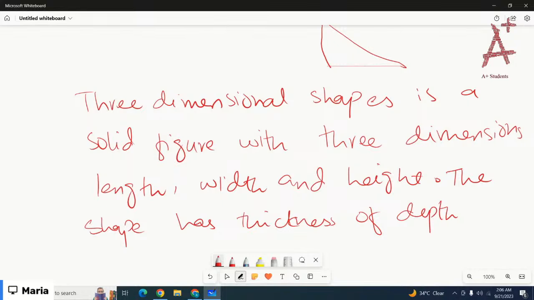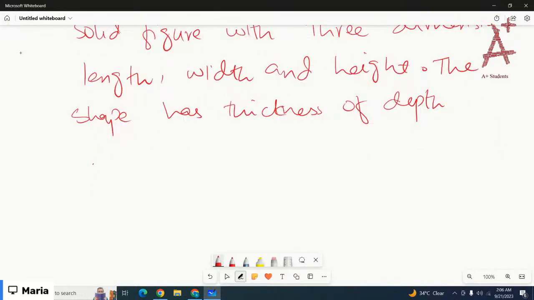So, which is an example of a three-dimensional shape? The example of a three-dimensional shape is a cube, right? This is a square. It just has a height and a length. It doesn't have any thickness.